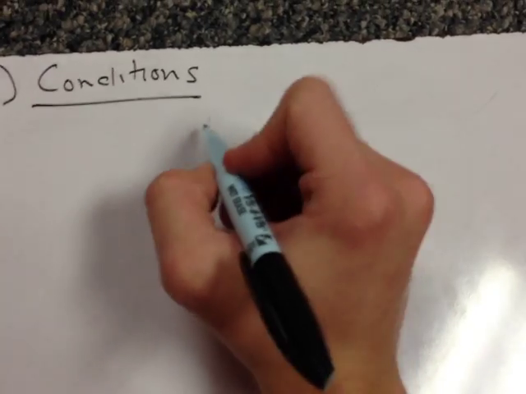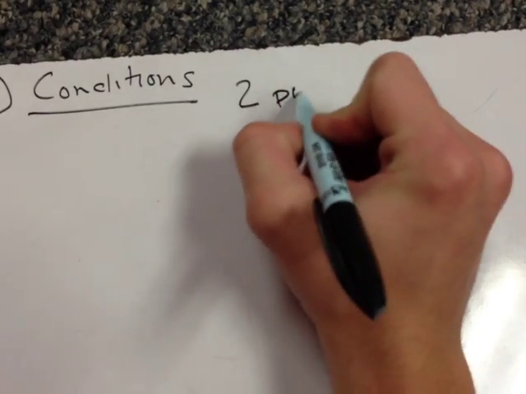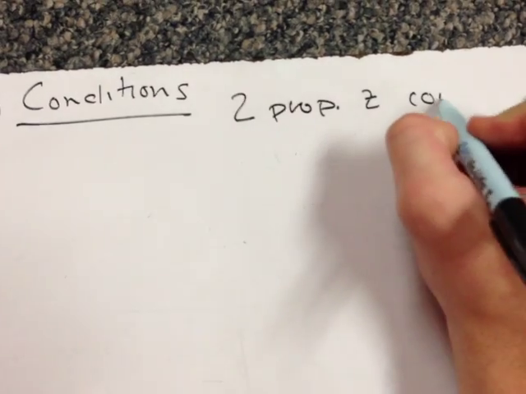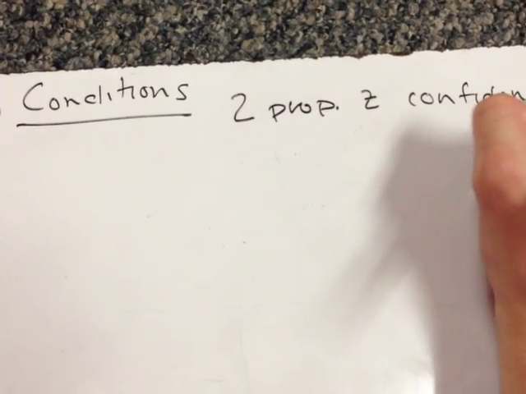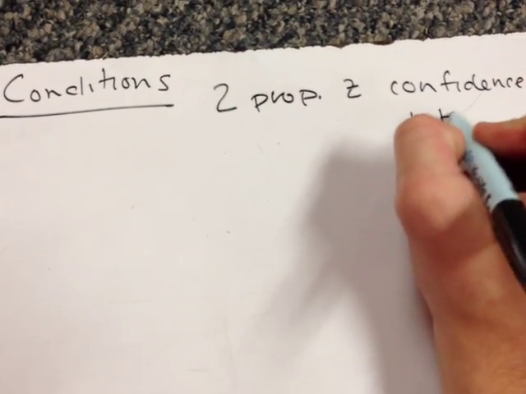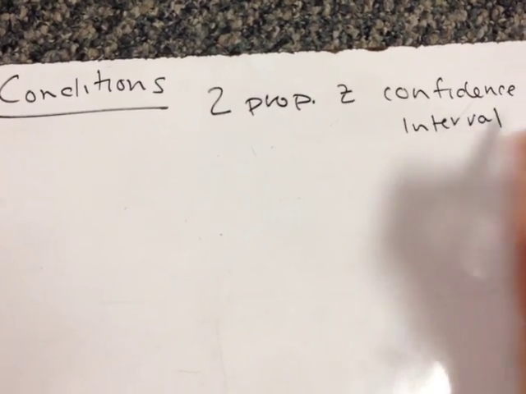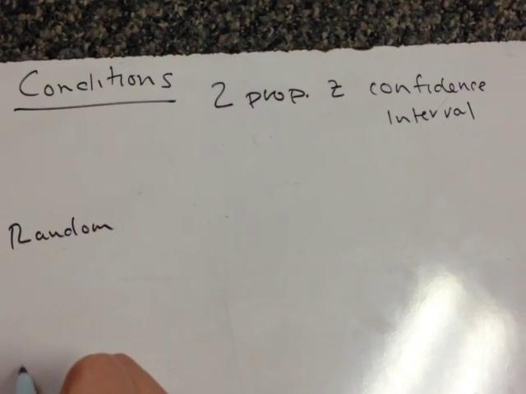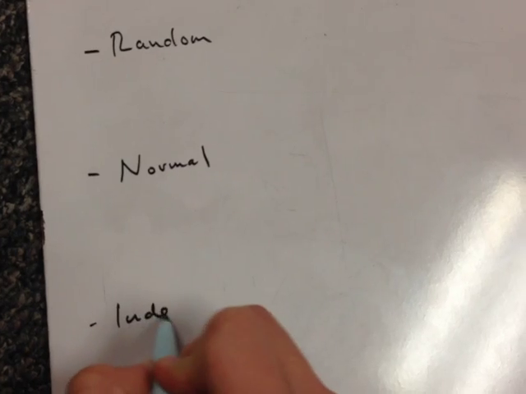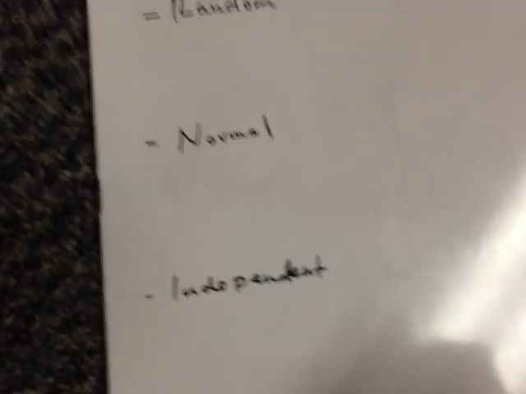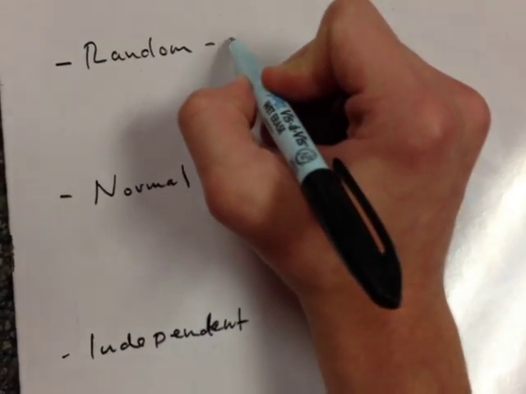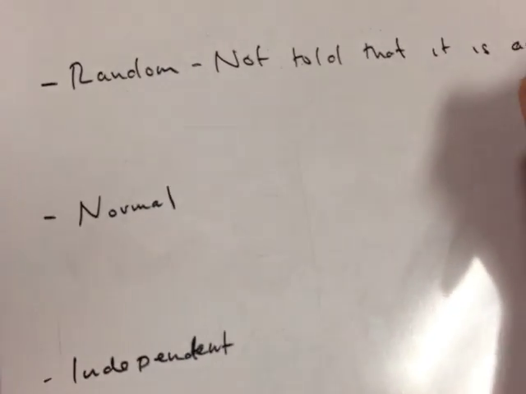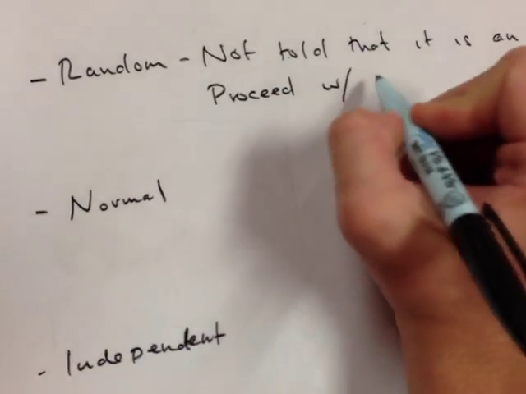For the first C, you're going to use your conditions. First, you need to state the test or interval you're using. For instance, we are using a 2-proportion z confidence interval, and the conditions are random, normal, and independent. For random, we're actually not told that it's random in this problem. You sometimes will be, but proceed with caution.